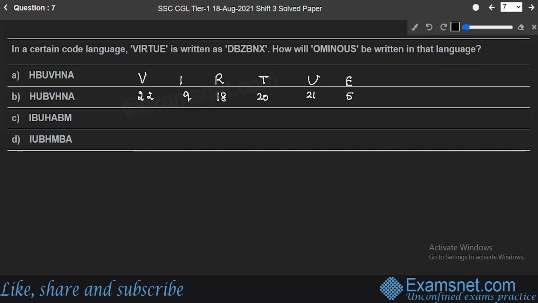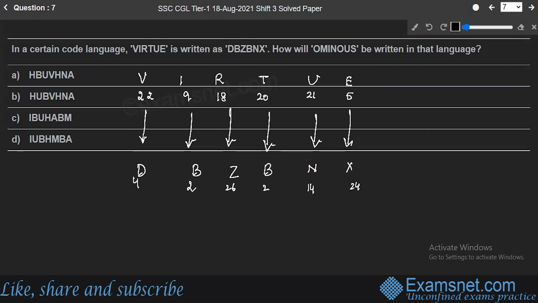Okay, so this is coded as D B Z B N X. Let's write down the place value of these alphabets as well. D is at 4, B is at 2, Z is at 26, B is at 2, N is at 14, and X is at 24.